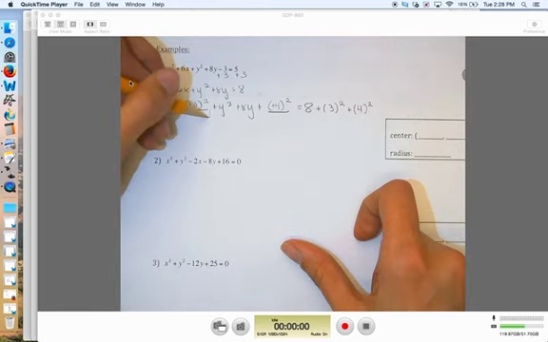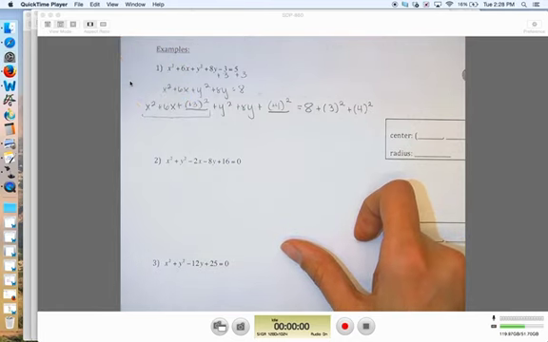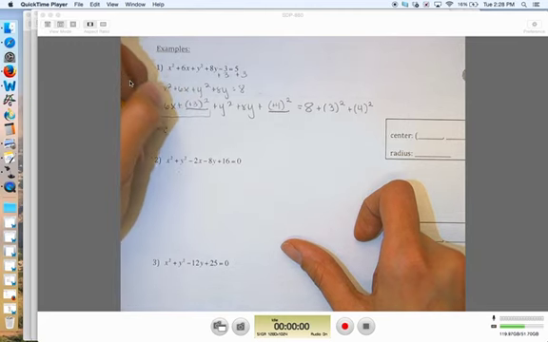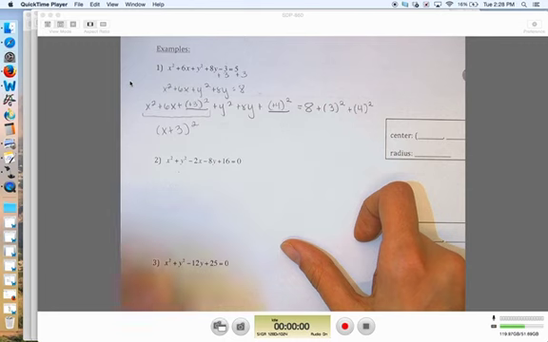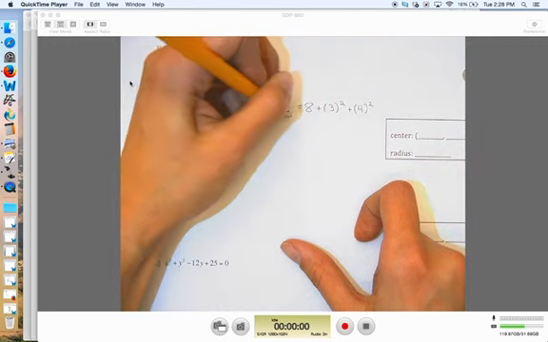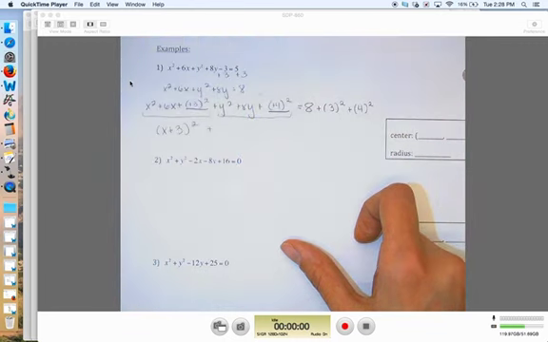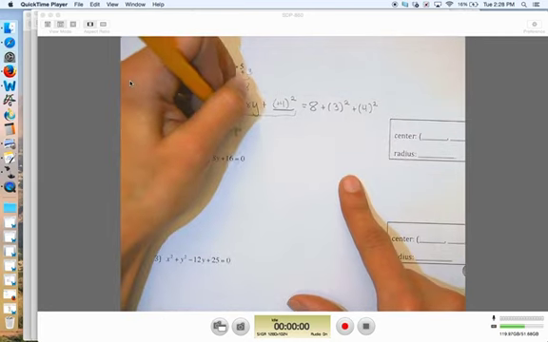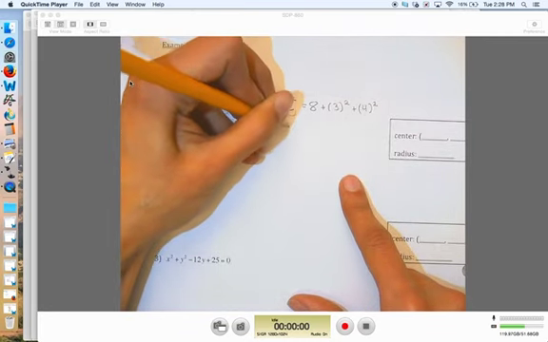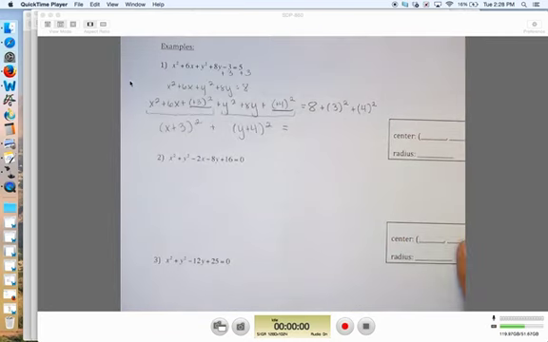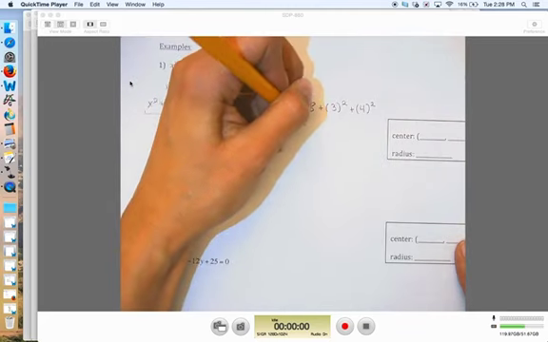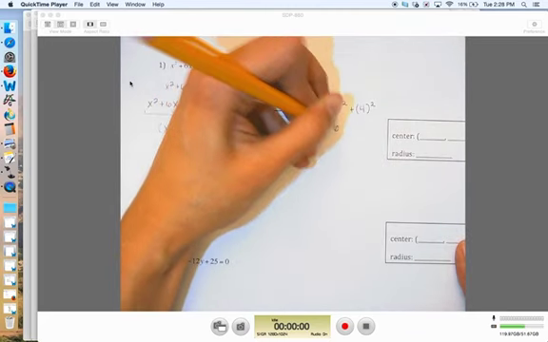Now, we're going to rewrite this as (x plus 3) squared plus, we'll rewrite this as (y plus 4) squared. And then we have equals 8 plus 9 plus 16.